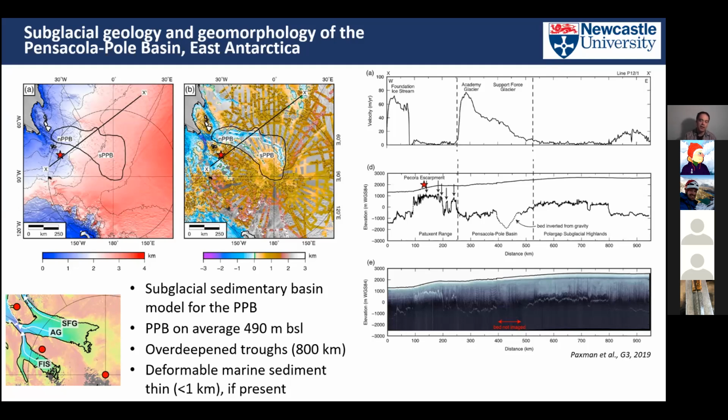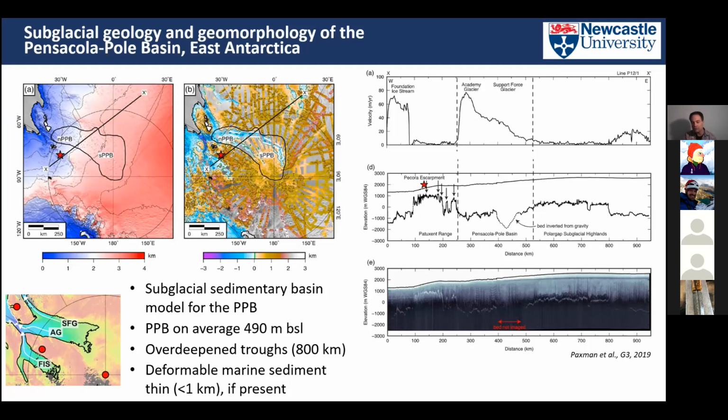The other thing that Guy's work did was look at the nature of the sediments within this Pensacola Pole Basin, and suggested that any deformable marine sediment that might be there would be very thin, in the geological context, less than 1 kilometer thick, but there may be the possibility for a thin drape of marine sediment.